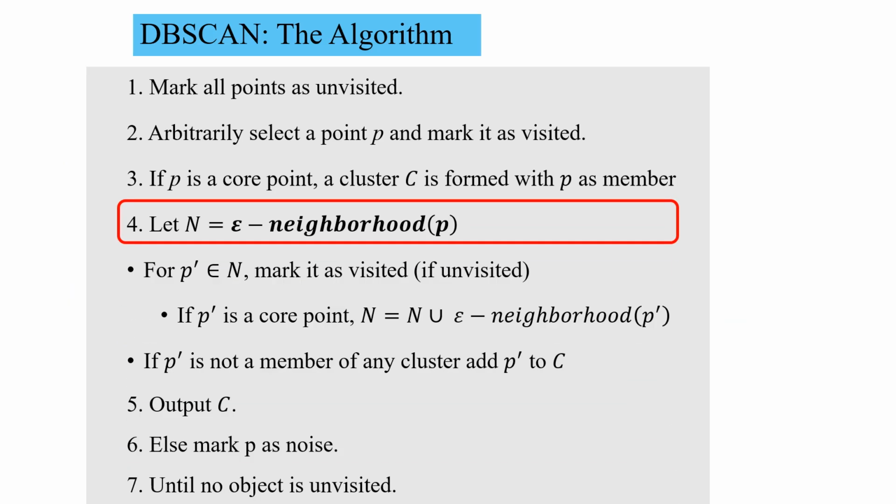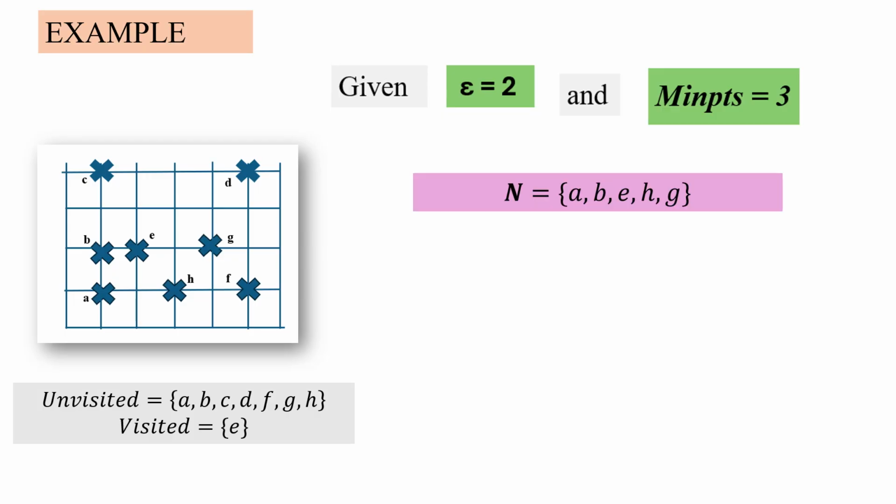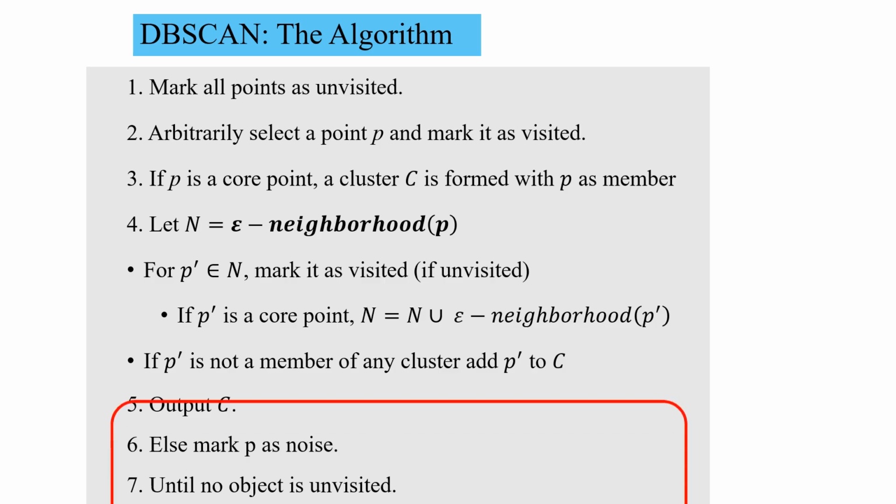We again come and go to the next step where we are going to take the neighborhood of that point and put it in a set. So this set is nothing but the epsilon neighborhood which we saw earlier, and C1 is the cluster. Come back.